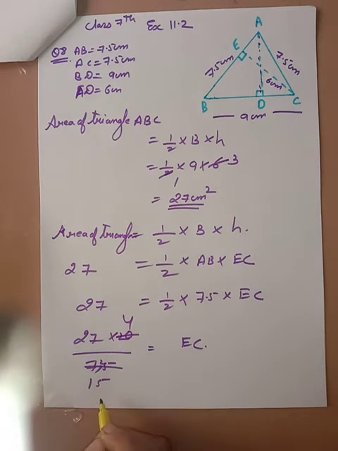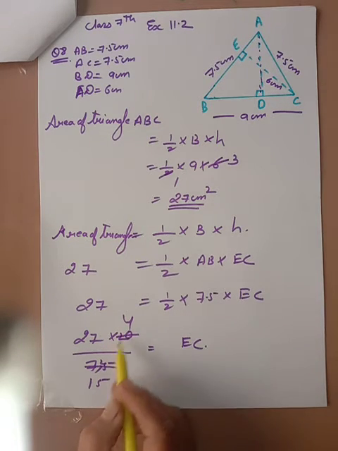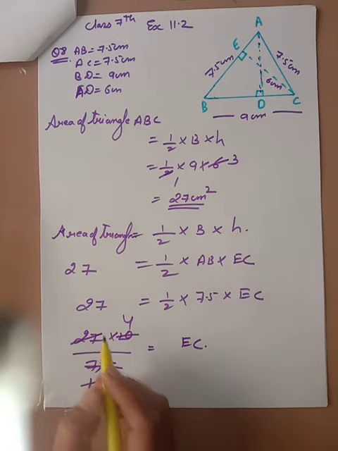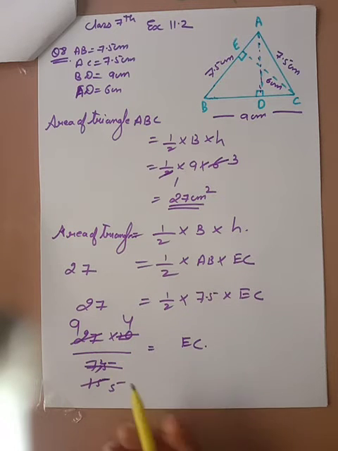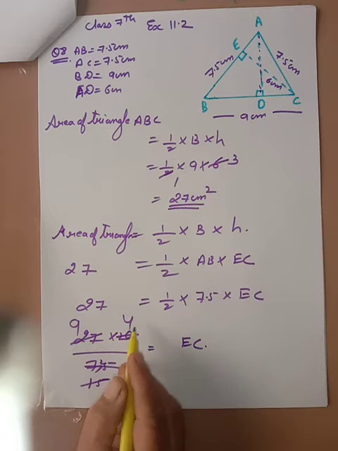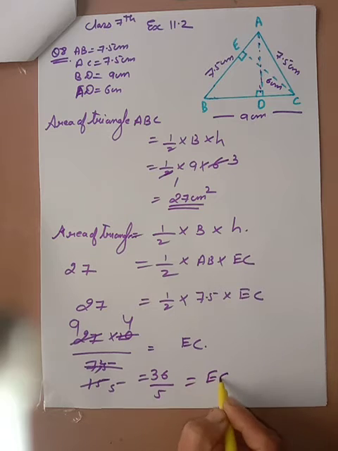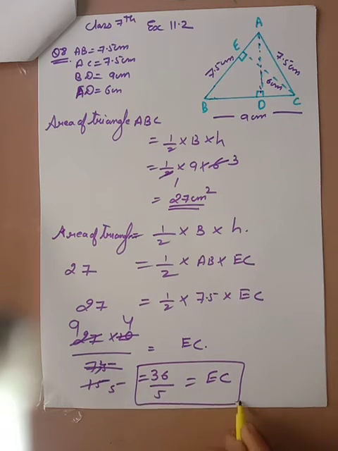Now 4 and 15 first multiply. Now ये दोनों का cancellation is impossible, but this 2 will be cancelled in the table of 3. 3 fives are 15, 3 nines are 27. Now no cancellations. 9 fours are 36 upon 5. Keep it as it is only. This is your final answer.